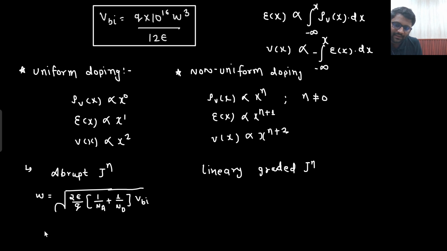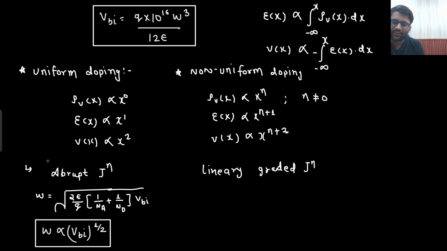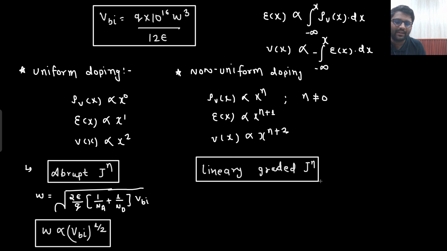So I could see that W depletion is proportional to V built-in to the power 1 by 2, right? In case of abrupt junction. In case of linearly graded junction, what can you see? Your V built-in is actually coming out to be proportional to depletion width to the power 3. That means the depletion width is proportional to V built-in to the power 1 by 3.